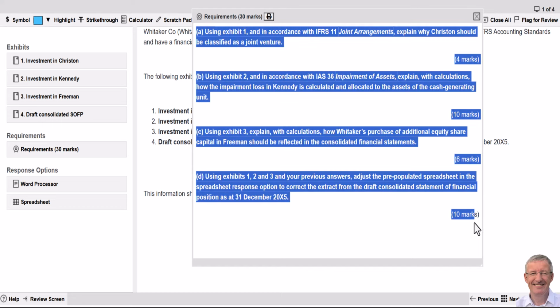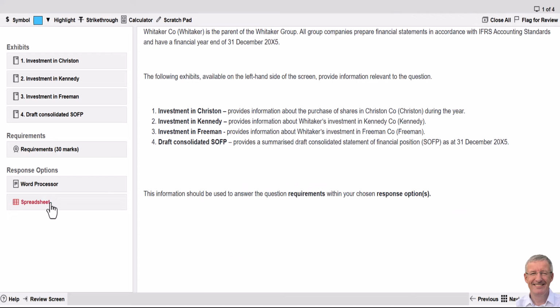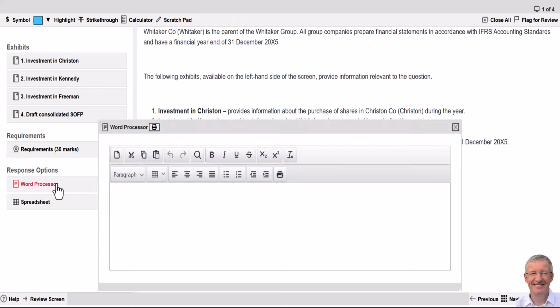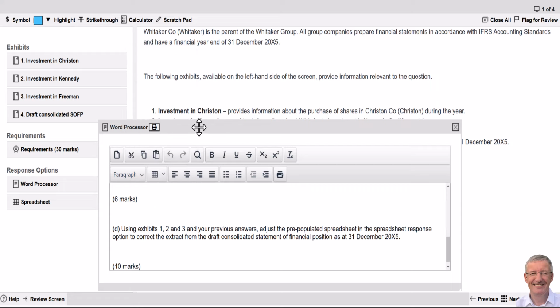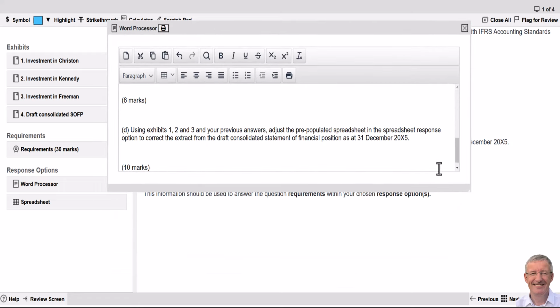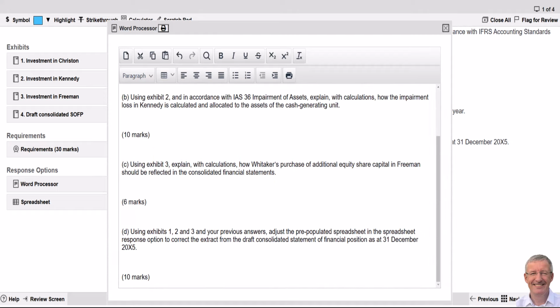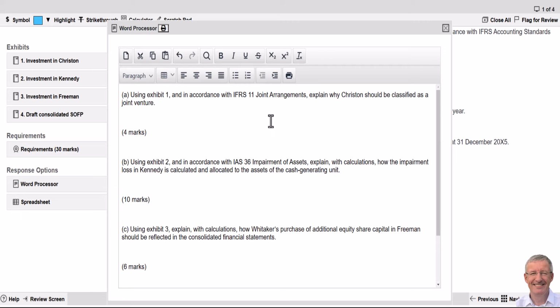I Control-C copy, and then I paste that into the Word response area with a Control-V, and then I can reformat the answer to the extent that the requirement needs it.